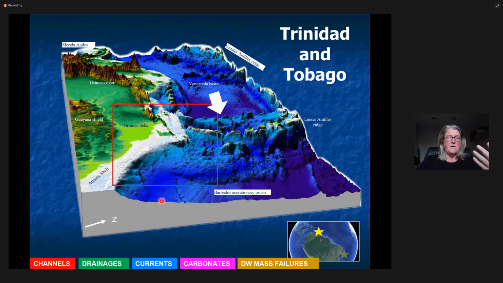So if I take you down to Trinidad and the southeastern margin of the Caribbean plate is coming out at you. Here's the Barbados accretionary prism. The volcano that recently erupted is within the belt of the Barbados accretionary prism.